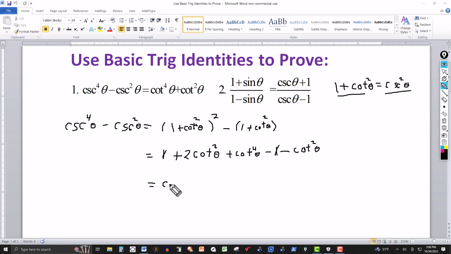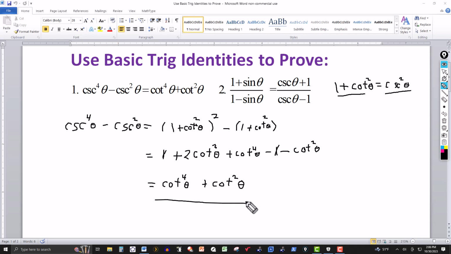I've got a cotangent to the fourth theta right there. That's going to be part of the answer. Then I have 2 cotangent squared theta and a minus cotangent squared theta, which will give me a plus cotangent squared theta.